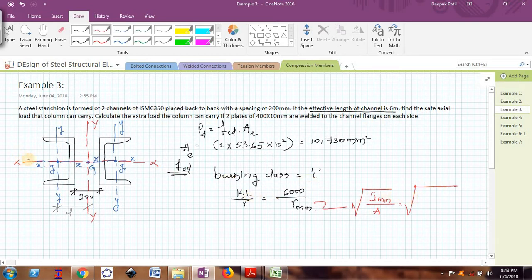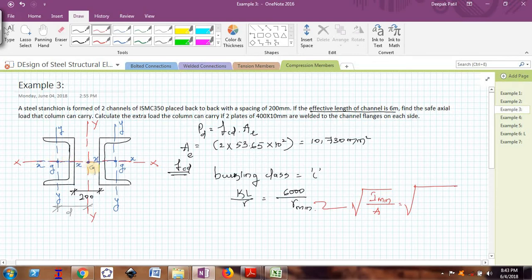Before that, let me explain these axes. The red ones are called the global axes, the global XX and global YY, which are the axes for the two channels together, and the axes shown in blue are called the local axes, which are the axes for each individual channel.